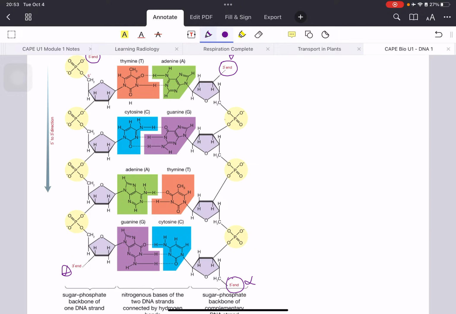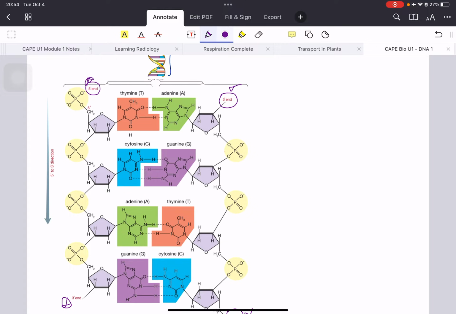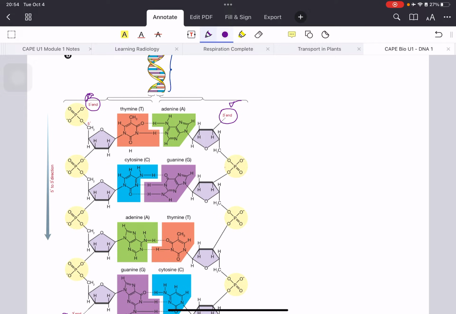Now it's called complementary because only certain bases could pair up. It's the bases that attach the two chains together to make the double helix, right? So we could see that thymine will only bind to adenine. Cytosine will only bind to guanine.